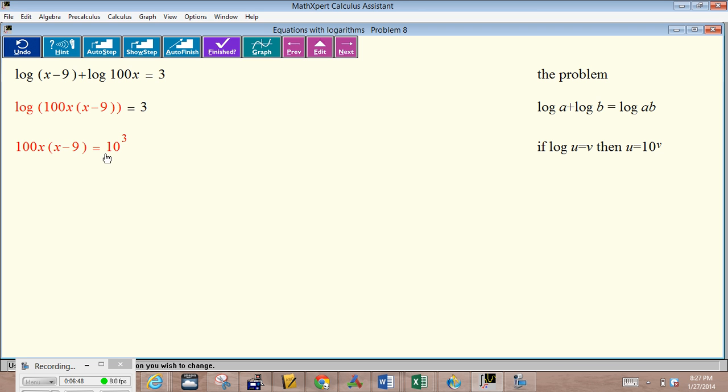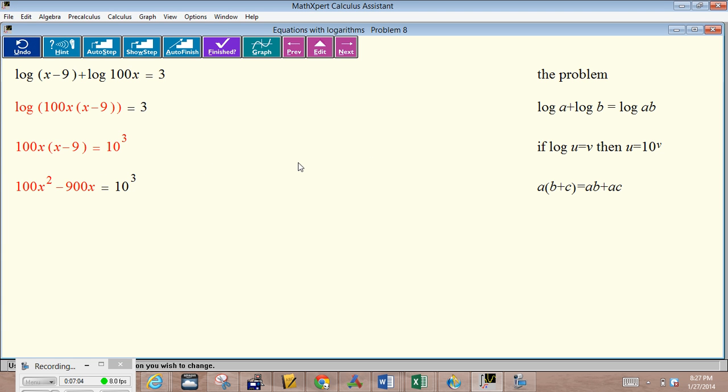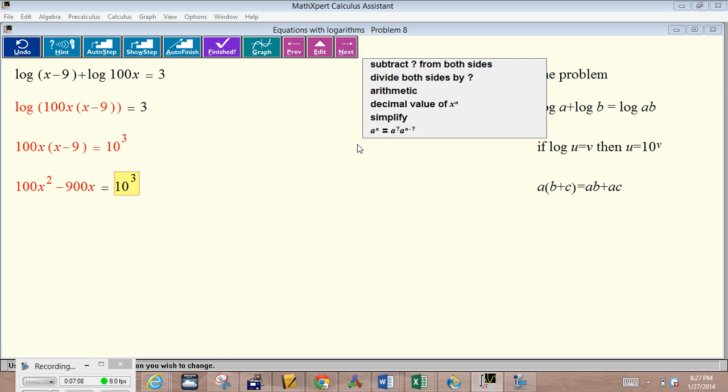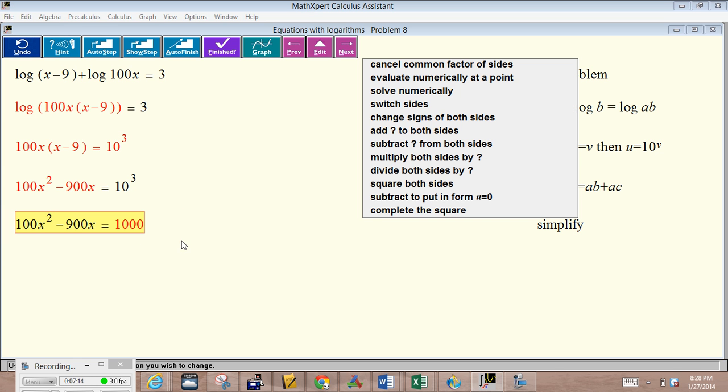And then I guess we have to go quadratic with this. So let's simplify this here. Expand that out. We get this, right? This gives us 1,000, which I'm going to pull to the other side. Why not just make life a little simpler and divide everybody by 100.